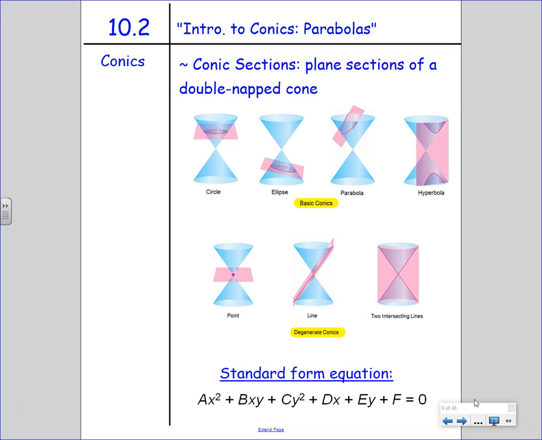You could slice right through the center and just get a point. You could slice right along the side and just get a line. Or you could slice straight down through the middle and just get two intersecting lines. So my artistic ones, you can try to do the double cone and actually show the slicing. My non-artistic ones, totally fine. Just show the little pink ones with the names and then the categories. Cool?